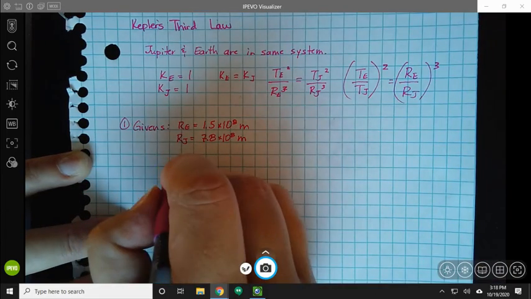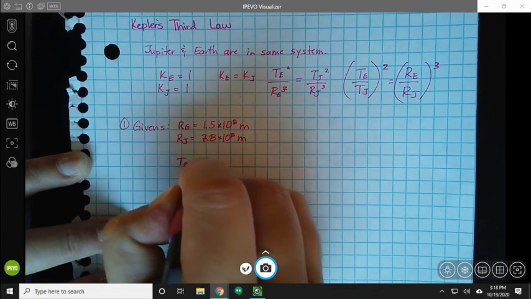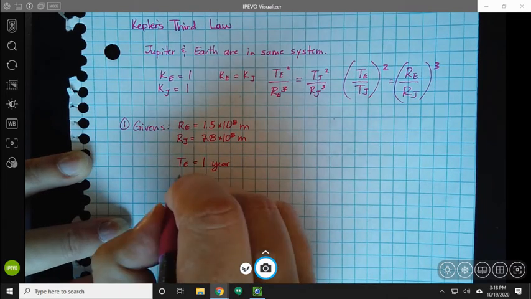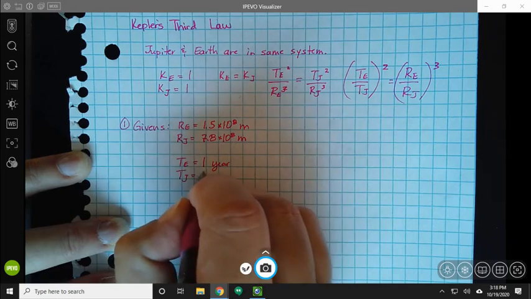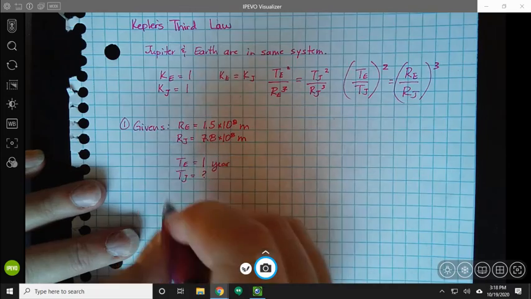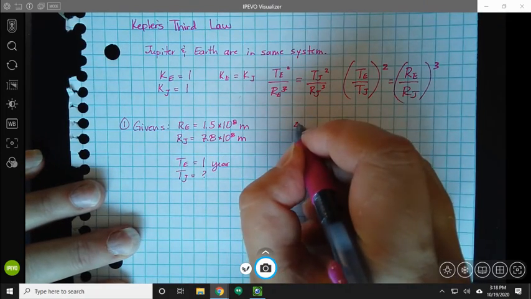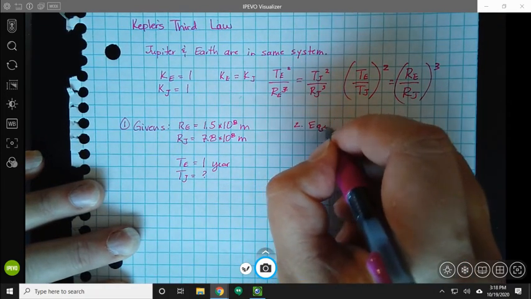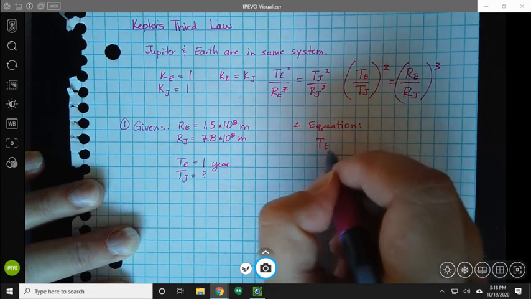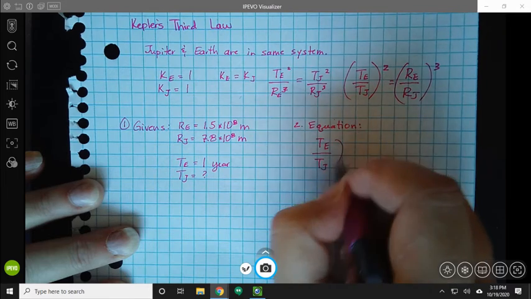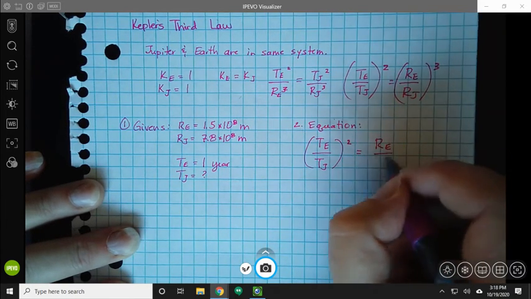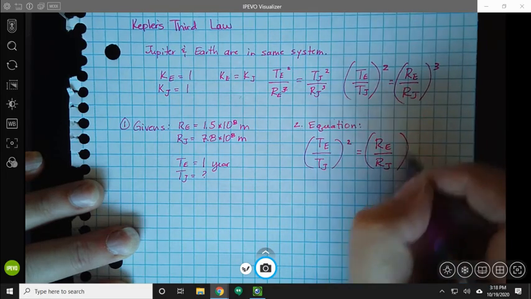I'm also going to tell you that Te is equal to 1 year, and we want to find what Tj is. So that is our unknown for this particular setup. So what equation are we going to use? We're going to use Te over Tj squared equals Re over Rj cubed.